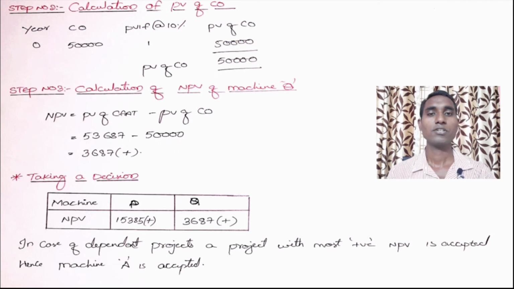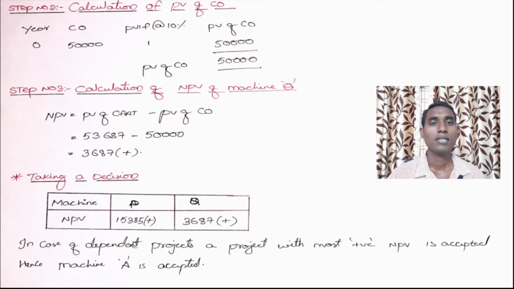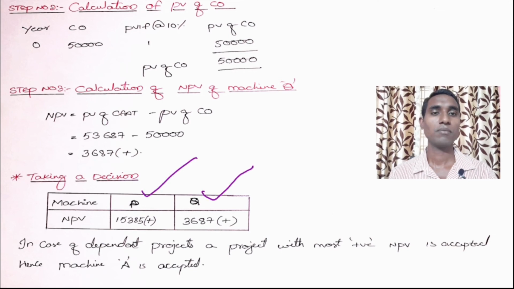Now how to make the decision is very important. In the question he has asked us to suggest the best alternative out of machine P or Q. So I have written machine P, machine Q, NPV plus 15385 and plus 3687.